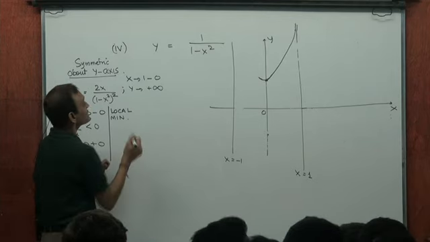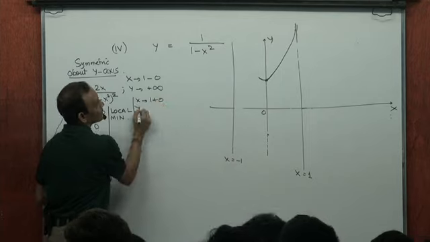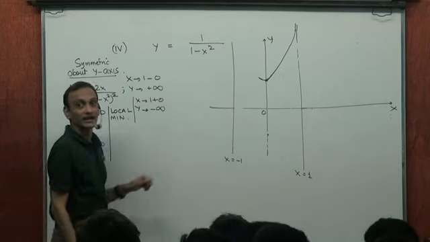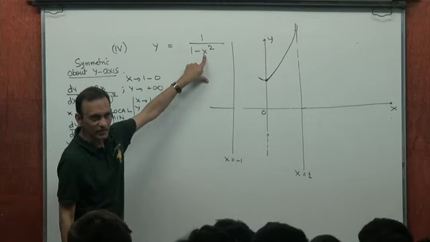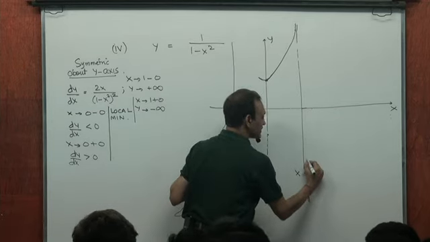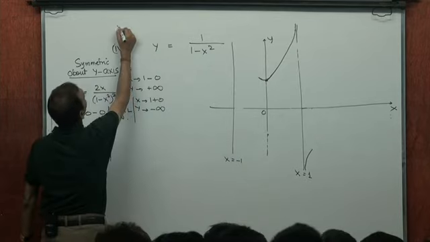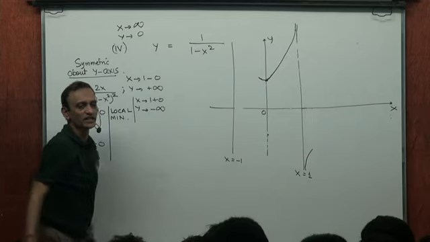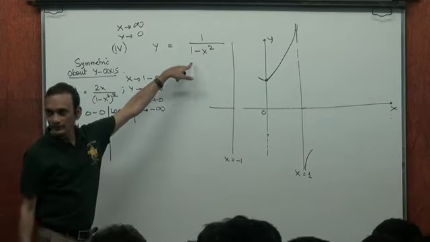And as x tends to 1 from the greater than 1 side, y would tend to minus infinity. And as x tends to infinity, y would tend to 0, right?